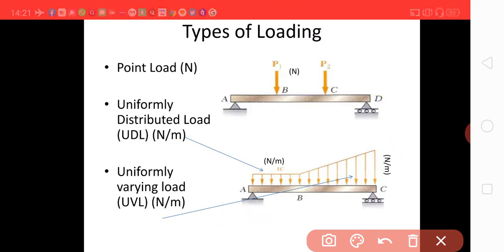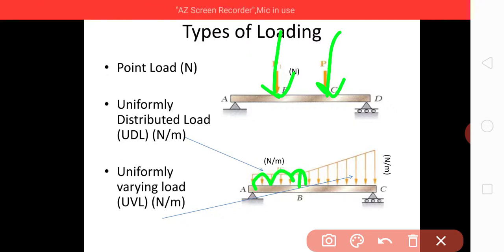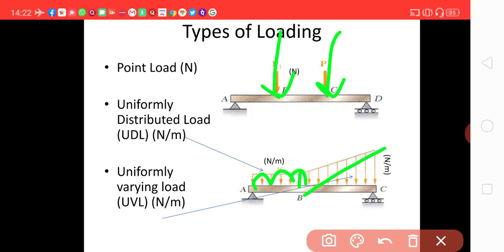Now we will come to know the types of load. Generally, loads are a point load applied at a point, or a load distributed evenly like this, or a triangular loading like this. You keep a load anywhere in any position.